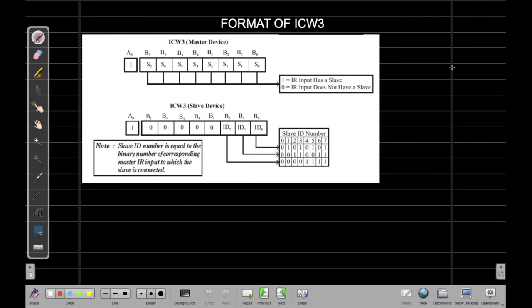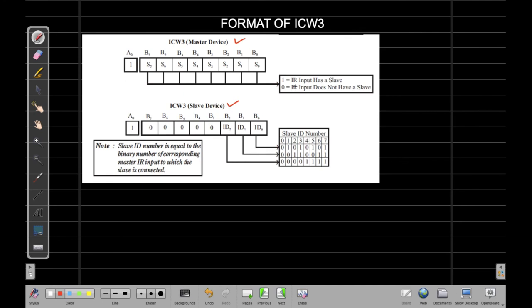Now let us have a look at this ICW3. ICW3 has got two formats. One is the format for the master device, second is the format for the slave device. If you have a look at the format for the master device, you can see there are 8 bits and each bit will be holding the data of the IR pin.